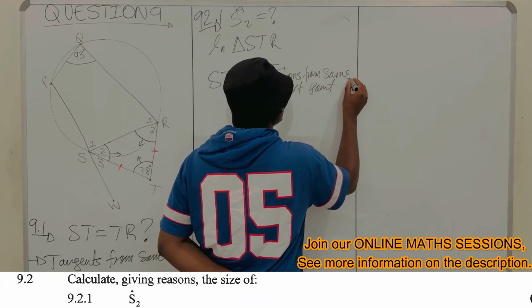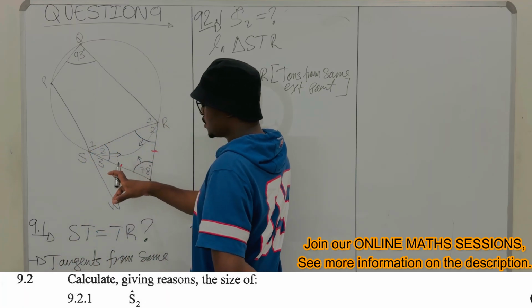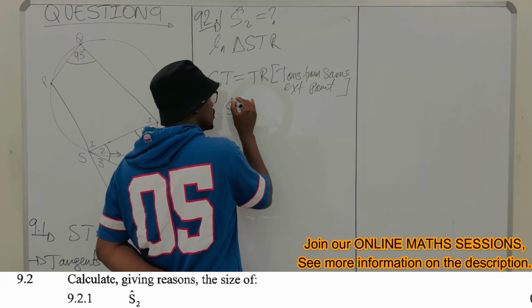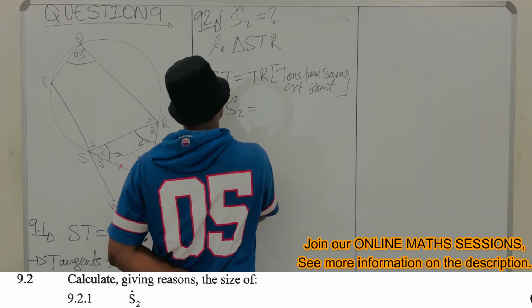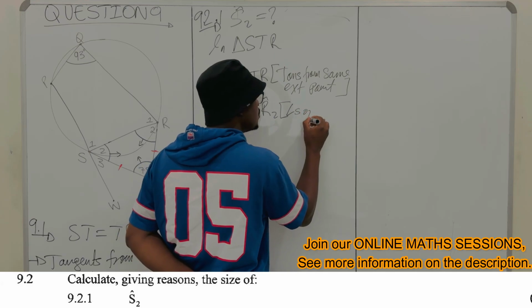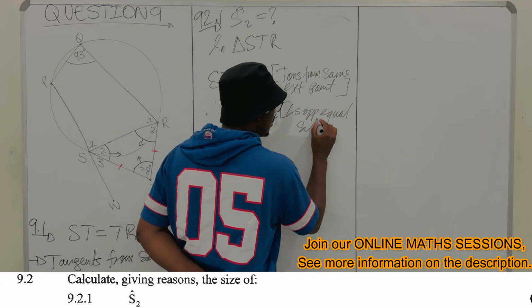That is my reason. Therefore, this is an isosceles triangle. In that case, your angle S2 is equal to your angle R2. Why? These are angles opposite equal sides of your isosceles triangle.